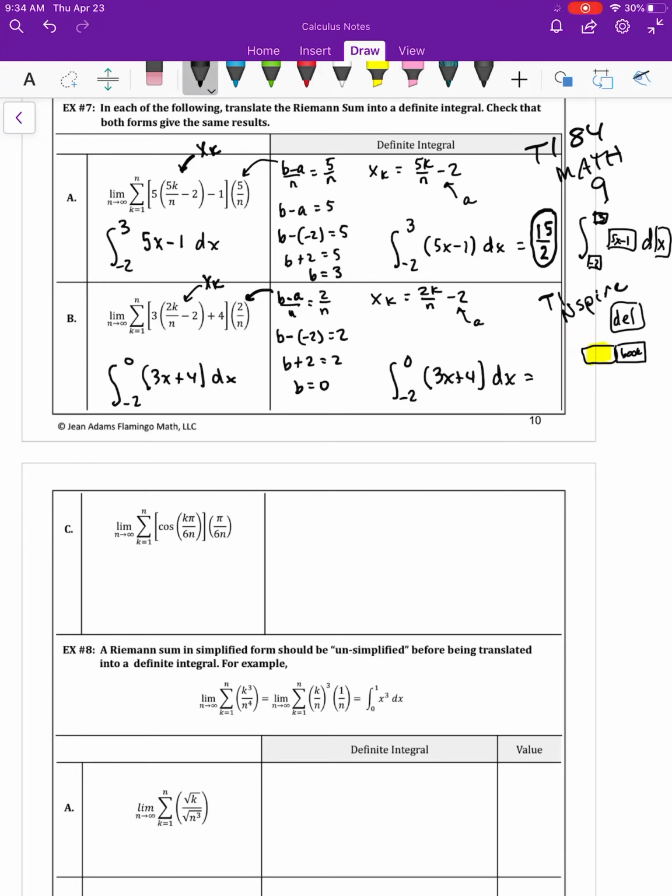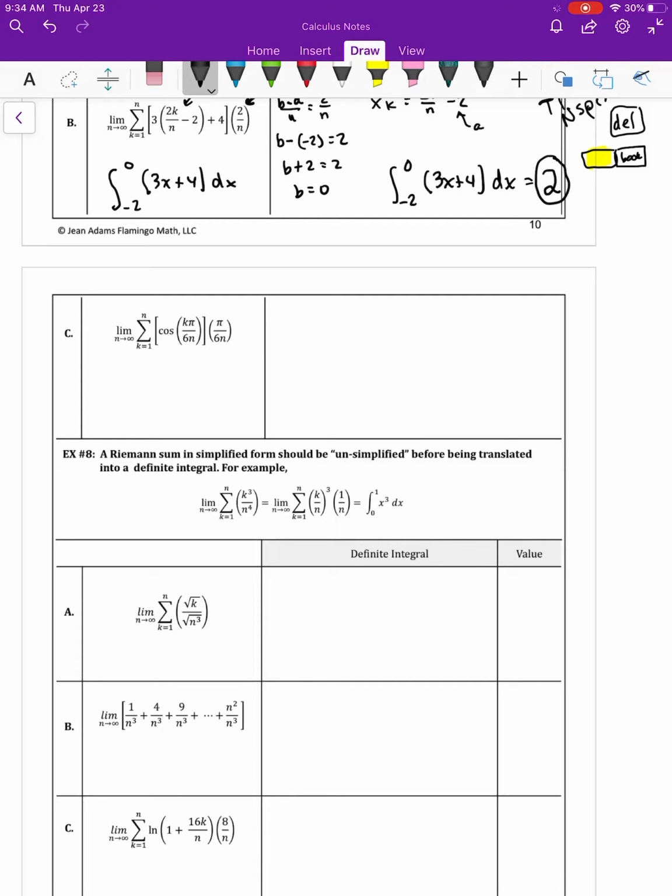Okay, so for TI Inspire, it's going to be that button. There's a delete button over on the right, and then there's a book, and it's this one right here. It's the one right there next to the book. And when you go there, you can just put everything in. So you should have gotten 2. So again, this is the area under the curve of 3x plus 4 from negative 2 to 0.